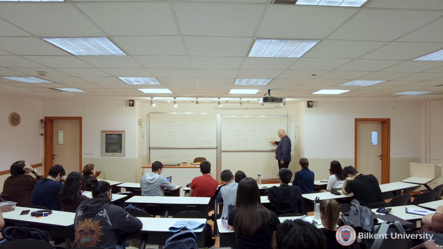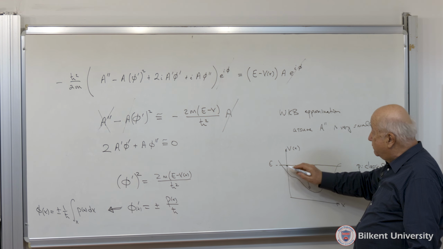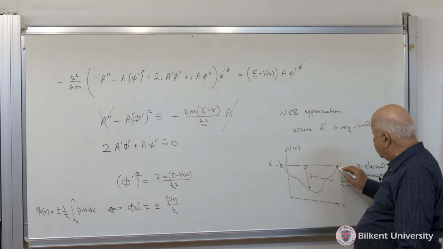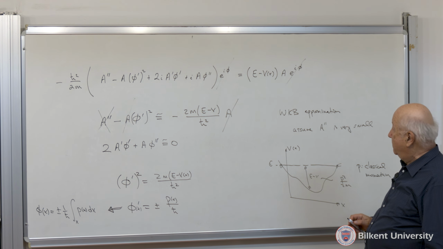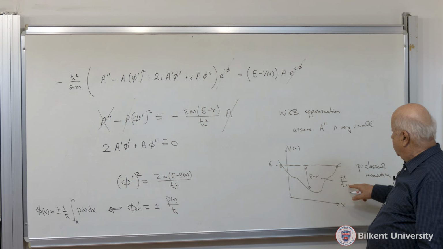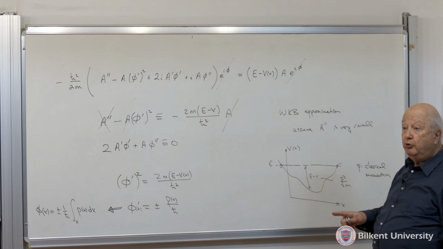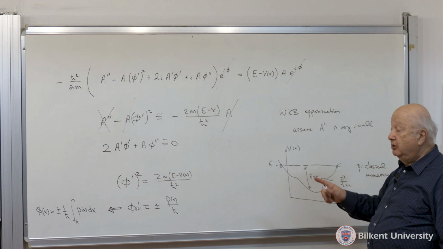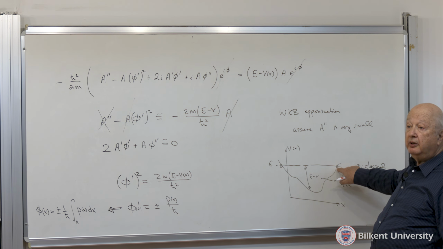So when I'm over here, the solution is good. But when I approach places where E becomes approximately equal to V, then I am in trouble. Why? Because at those points, P goes to 0, right? Those are the classical turning points. Those are points where the classical momentum becomes zero.